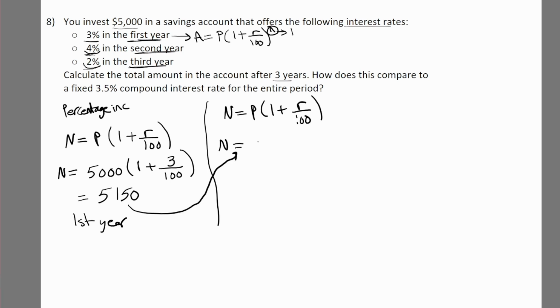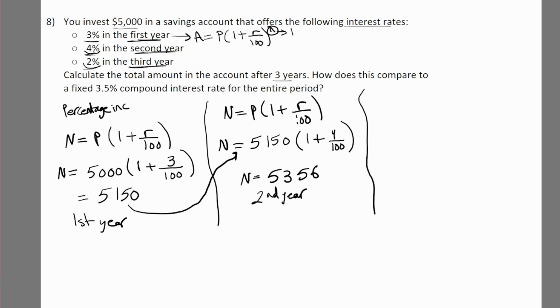So we're going to put 5,150 multiplied by 1 plus 4 over 100. I'm going to plug this on the calculator, and we get that the new amount is 5,356. Okay.